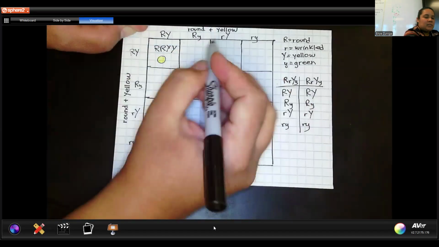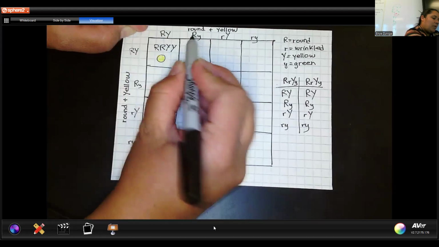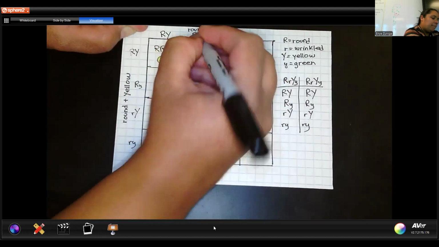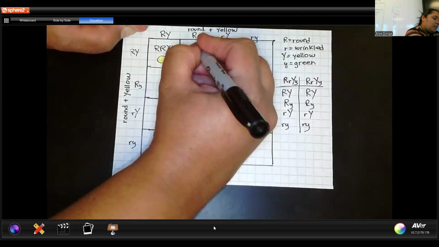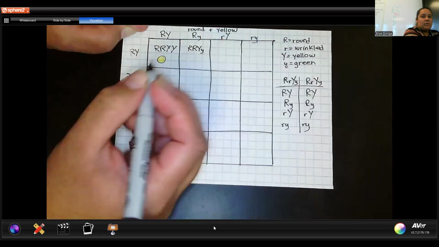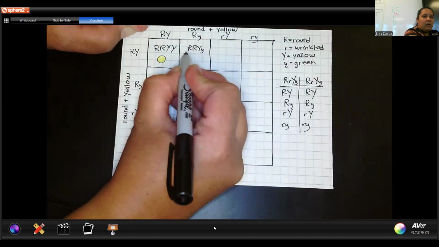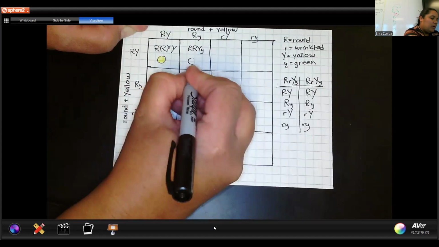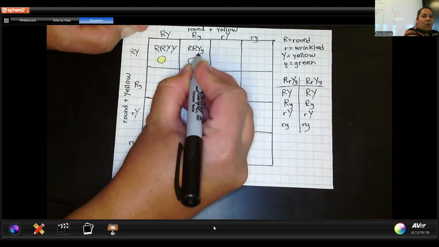Okay, then we do the next box. Capital R, capital Y, lowercase y. So as long as we have one capital R, it's round. And as long as we have one capital Y, it's yellow.